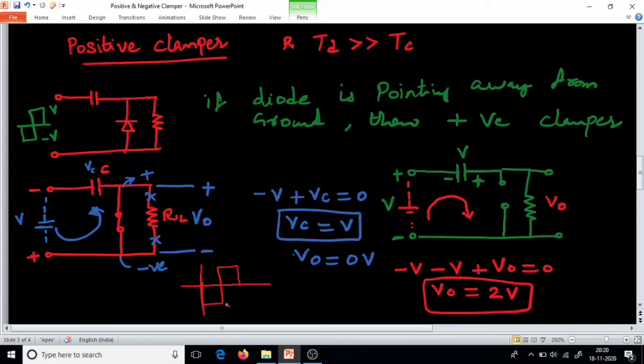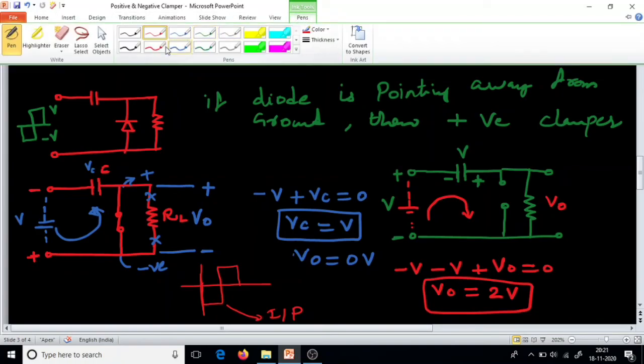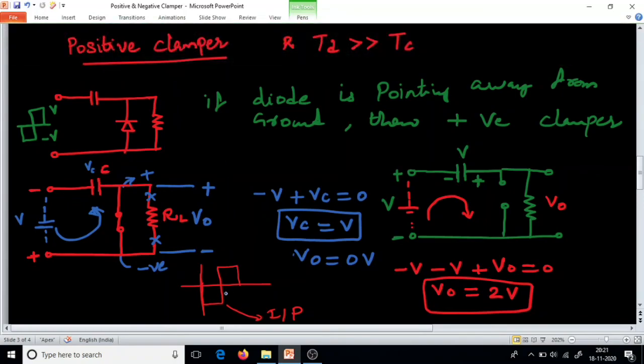Now how is my output waveform? The output waveform has shifted. During the negative half cycle of the waveform it becomes 0, and then from there it goes to 2V. So this is the working of a positive clamper circuit.